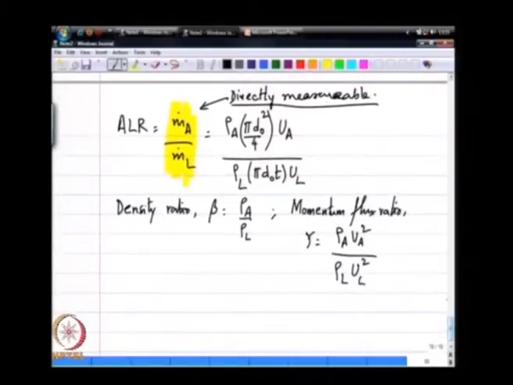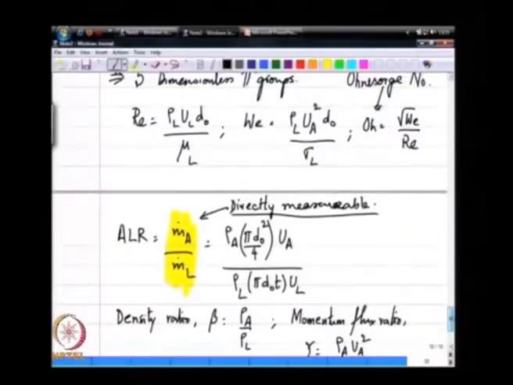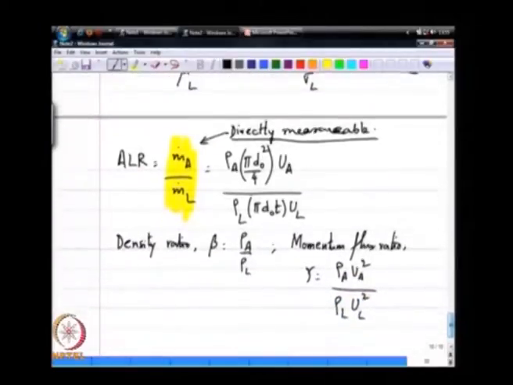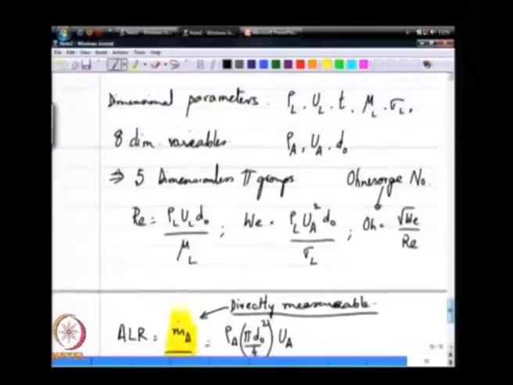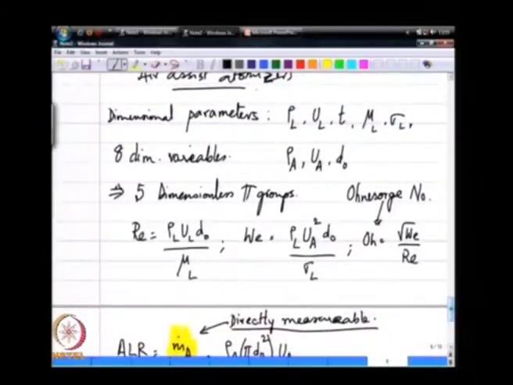So, you have mass ratio, momentum flux ratio, density ratio. These are all pi groups that are independent of the others that have already been presented to you.